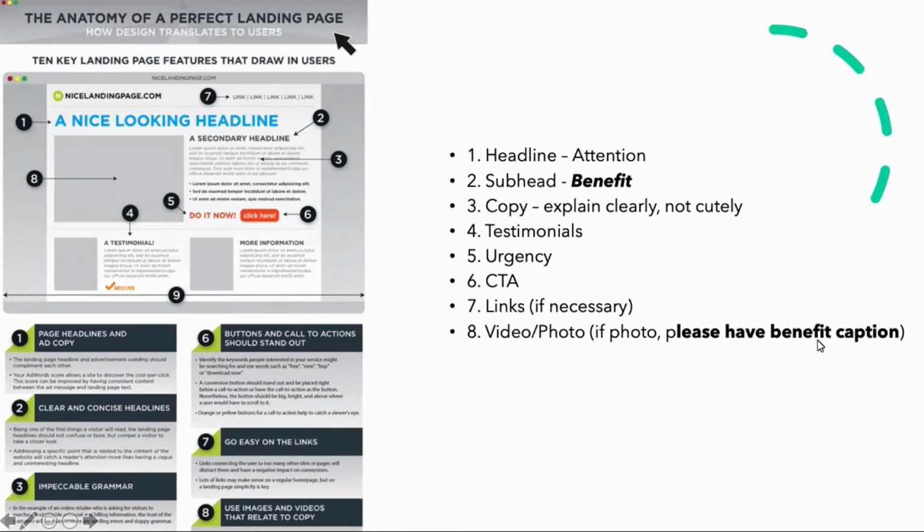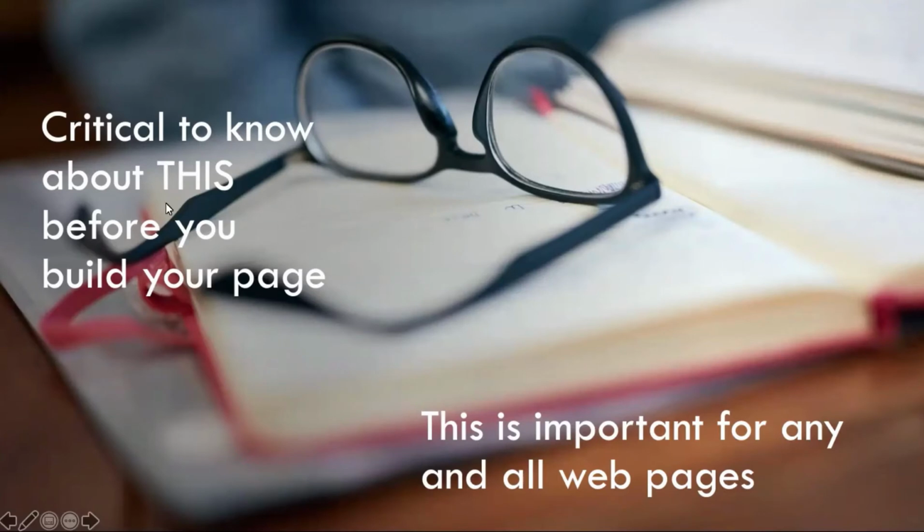As part of conversion rate optimization, selling benefits is as important as the color or the layout of your website. You need to understand this before you build your page, and I'm going to dig into this in a second. Critical to know this.